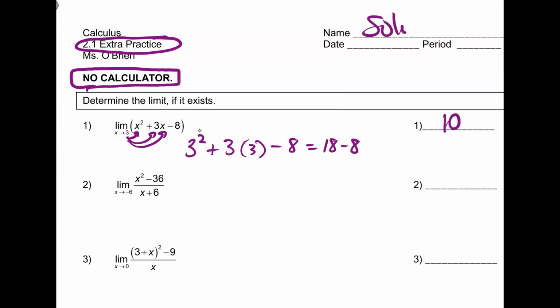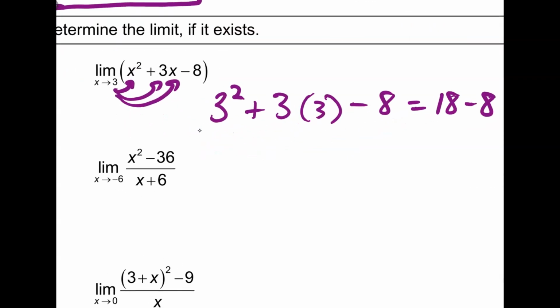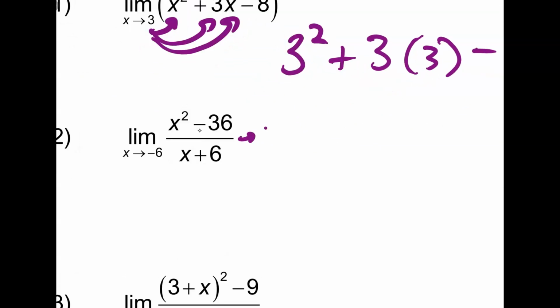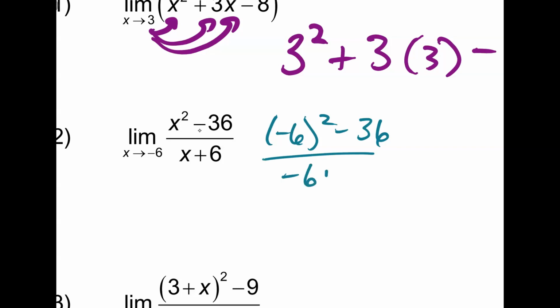So I'm going to upload these solutions as soon as we're done. How about the next one, Ty? How do I go about this one? You plug in the -6 on the denominator and you see that it's 0. So if I plug in -6, we get -6 squared minus 36 over -6 plus 6.